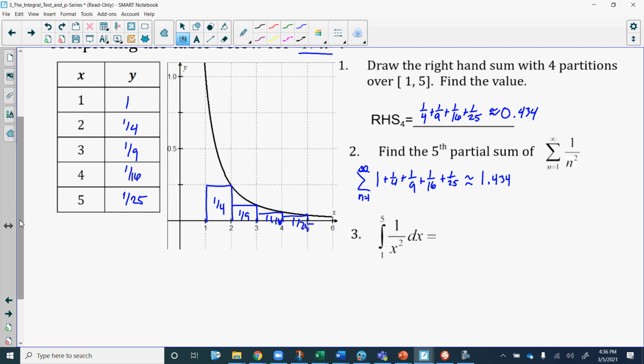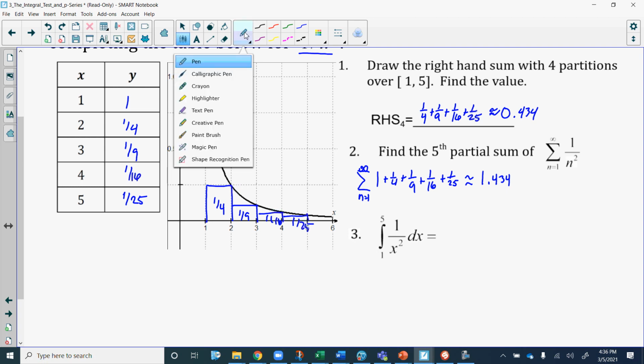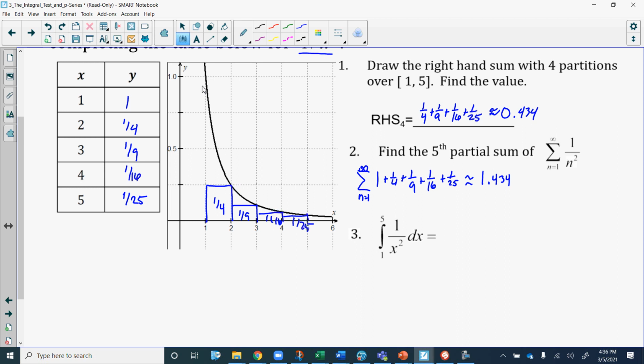So it should be pretty apparent that the rectangles we're looking at here, let me see if I can fill it in a little bit without totally obscuring everything.